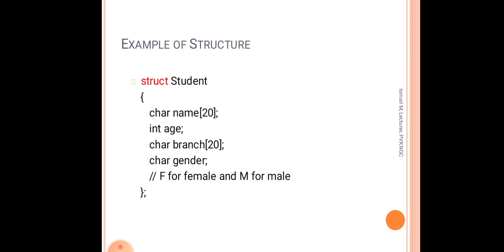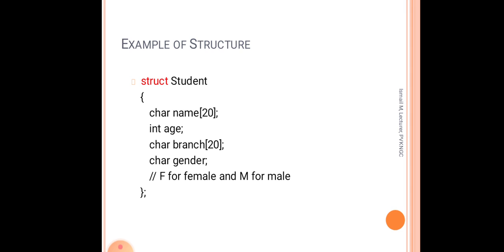Here you can see the student structure in which you have member variables, where name is a character array, age is of type int, branch is a character array, and gender is of type char.